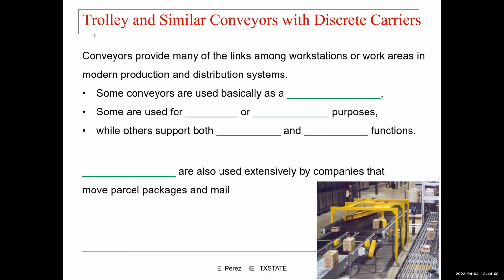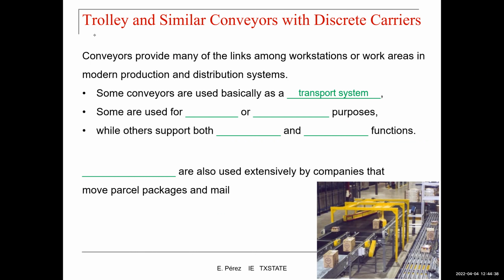Conveyors provide many of the links among workstations. If you go to a production facility, most likely at some point you will see a conveyor moving product from point A to point B. Those are the links between the workstations or work areas in modern production and distribution systems. Some conveyors are used basically as a transport system. Again, they are not adding anything to the product.